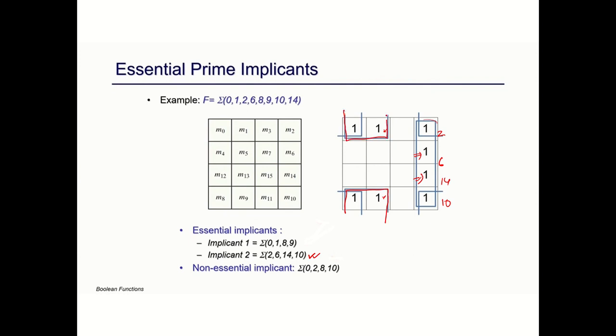Here, this is position 0, this is position 1, this is position 8, and this is position 9. So 0, 1, 8, 9 is another essential implicant. But we have another possibility with the 4 corners, that is 0, 2, 8, and 10. This is exactly non-essential to cover all the onset. So here, this 0, 2, 8, 10 is the non-essential implicant.